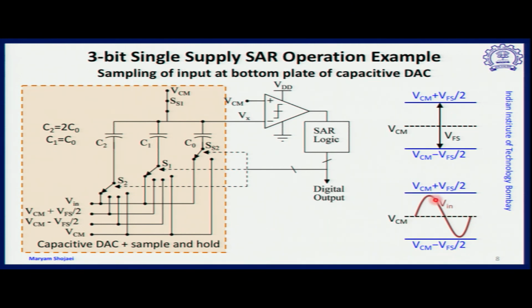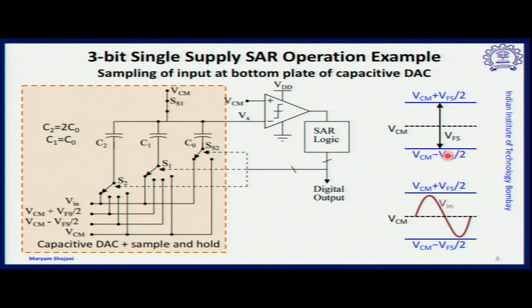Here you can notice an arbitrary input, which is changing around VCM. In other words, the input voltage has an average level of VCM, and it can change up to VCM plus V full scale by 2 and down to VCM minus V full scale by 2. The difference between the top and bottom levels is the V full scale range. So the V full scale of the ADC can be defined around VCM.